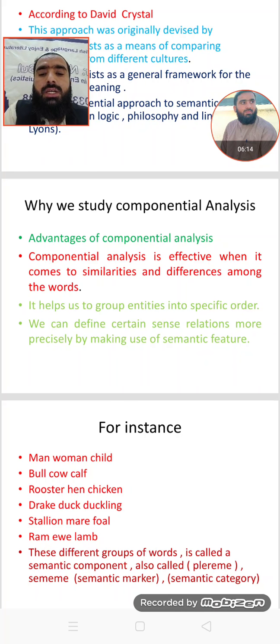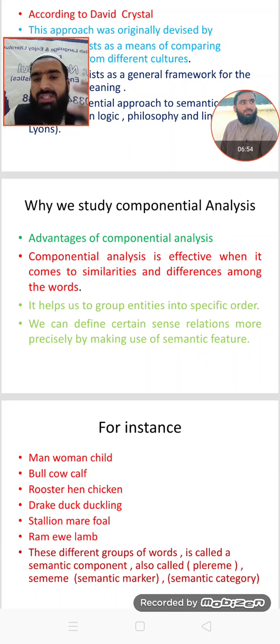It helps us to group entities into a specific order. I'll give an example, then we will be able to understand these things. We can define certain sense relations. Dear students, certain senses, certain meanings, are attached to words.